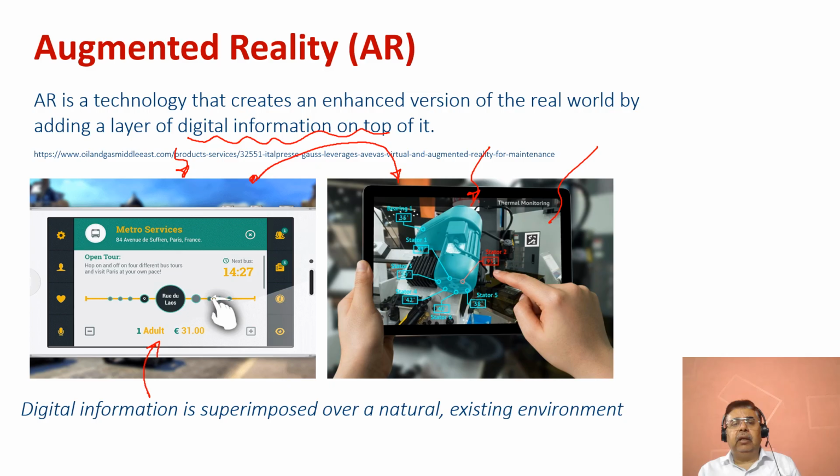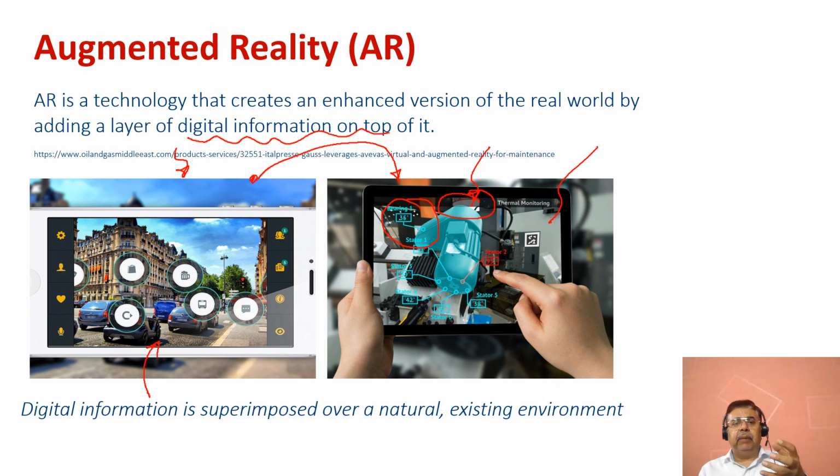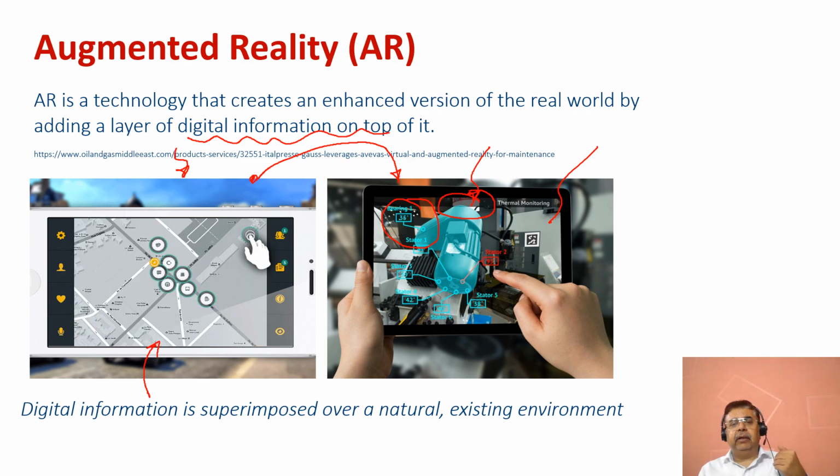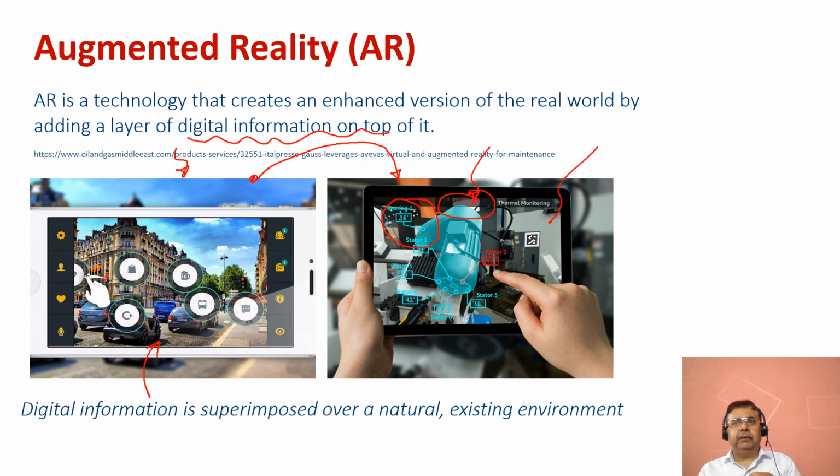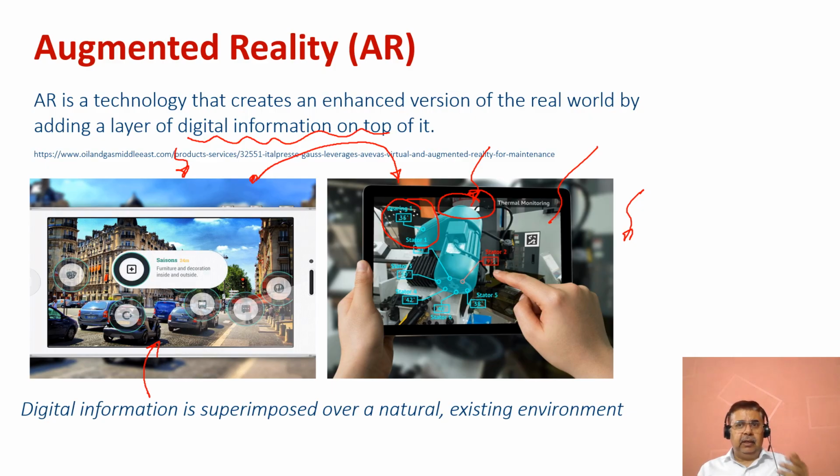It will tell what the different parts are, where the sensors are located, and if he wants to open it, how it can be dismantled. So it will help the maintenance engineer. This is just one example of how it can be useful, but it has many applications.